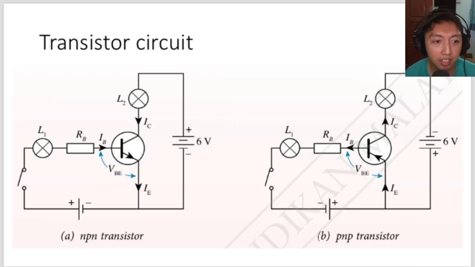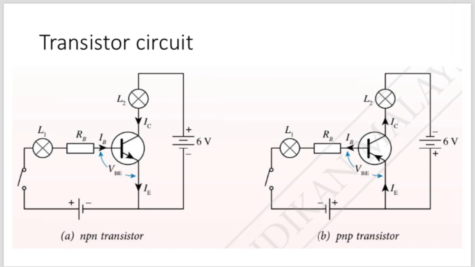So if you look at these pictures, we have an example for NPN transistor and PNP transistors. Let me get my face out of the way. There are basically two main circuits in this picture. They are all connected to each other, by the way.